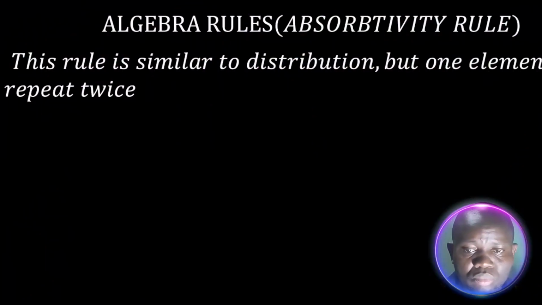Now, when it comes to absorptivity, we are going to have three sets of numbers, with two different signs. And I must let you know that these signs are not the same.